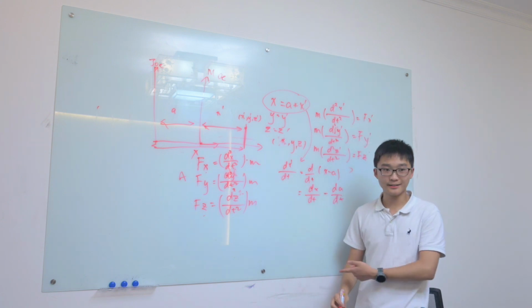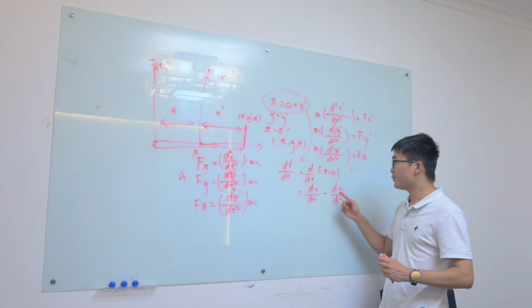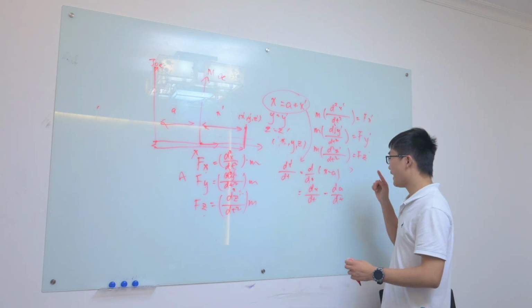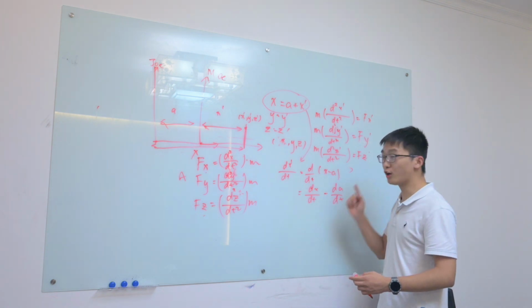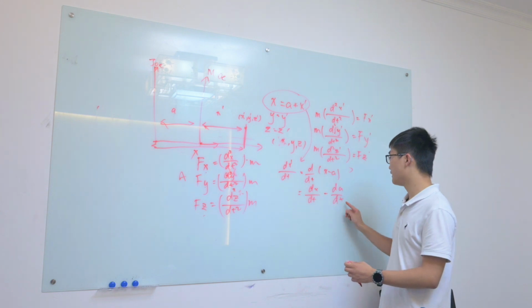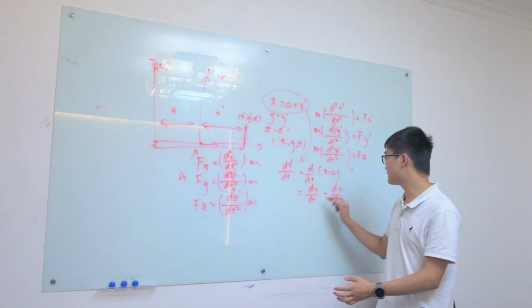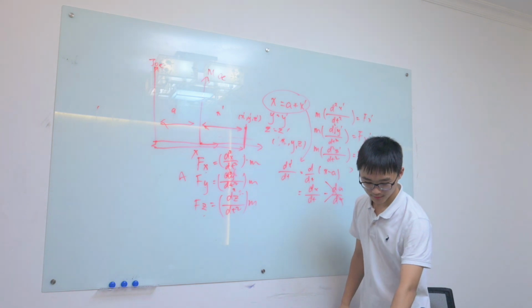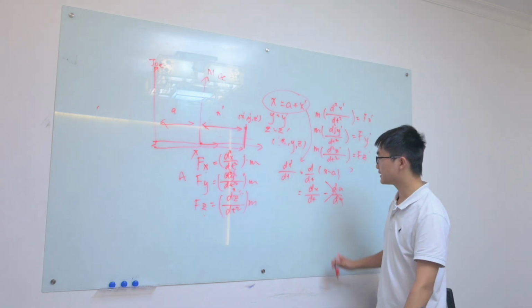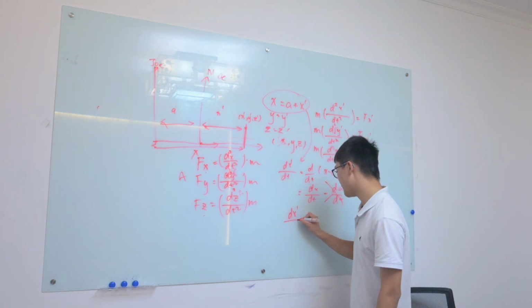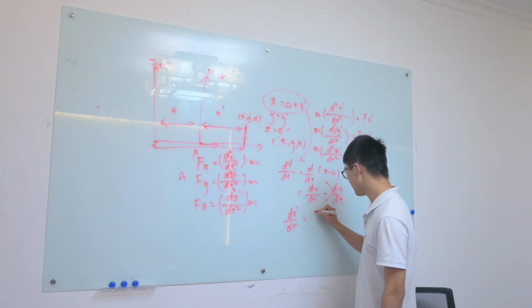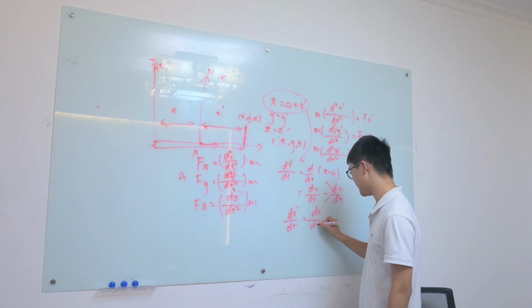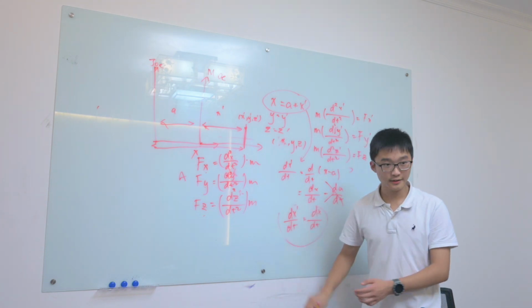And due to calculus, we know that if we differentiate a constant against something, we will get 0. So this thing will cancel out. So what we will get is that dx prime over dt is equal to dx over dt. So these two are the same.